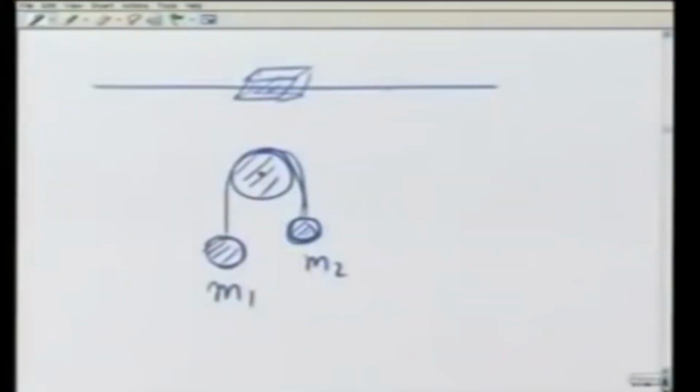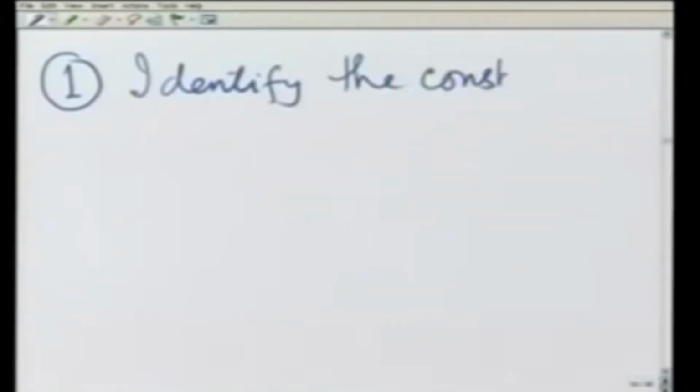So the first step in solving a problem is going to be to identify the constraints and forces of constraints.